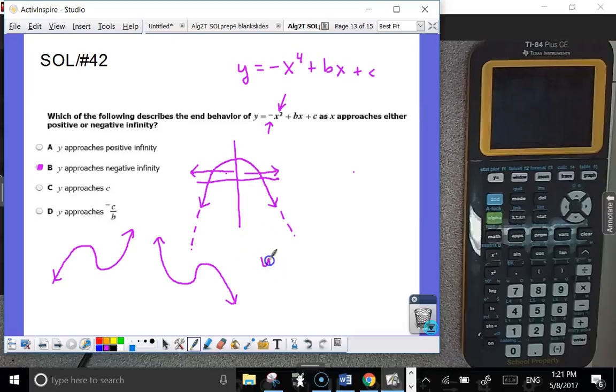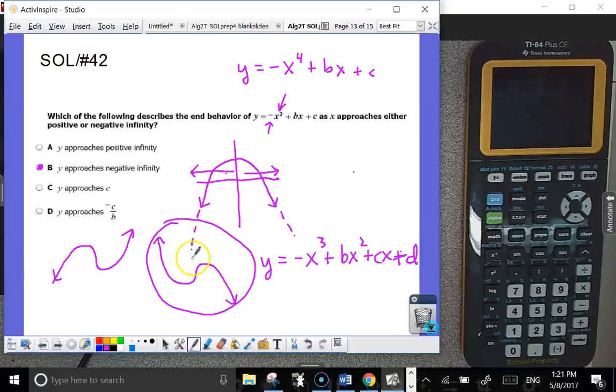If it was like y equals negative x to the third plus bx squared plus cx plus d, then you would have to say, as x approaches positive infinity, the graph is going down towards negative infinity. As x approaches negative infinity, the graph goes up. And it doesn't matter if that's a 3 or a 5 or a 7, if it's any odd degree, that's the way it works.